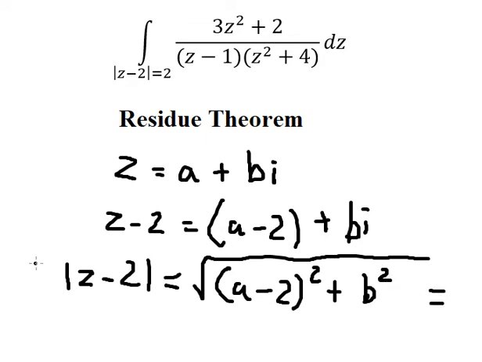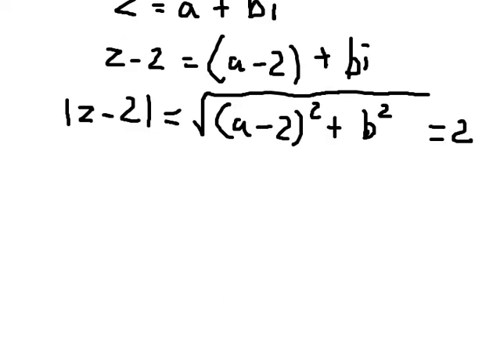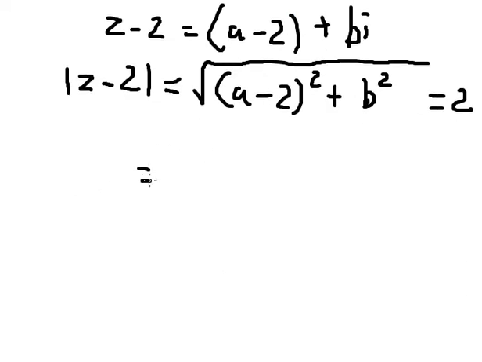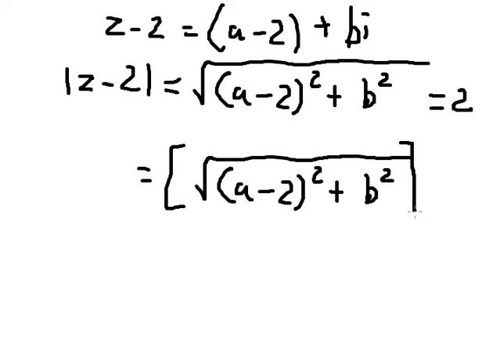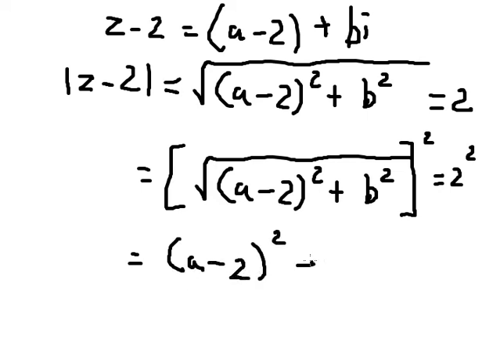And we know that this equals number 2. So we put the power 2 on both sides. We cancel the square root and we have (a minus 2) to the power of 2 plus b to the power of 2 equals 2 squared.